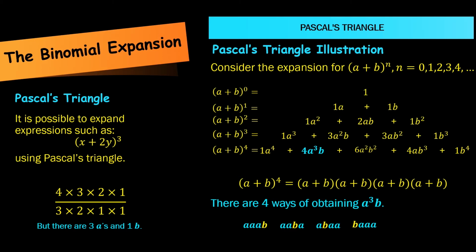So any arrangement of 3 a's is going to be exactly the same. So we need to divide 4 times 3 times 2 times 1 by 3 times 2 times 1, as that's the number of ways of filling 3 spaces, times 1, since there is 1 b, and that's the number of ways of filling 1 space.